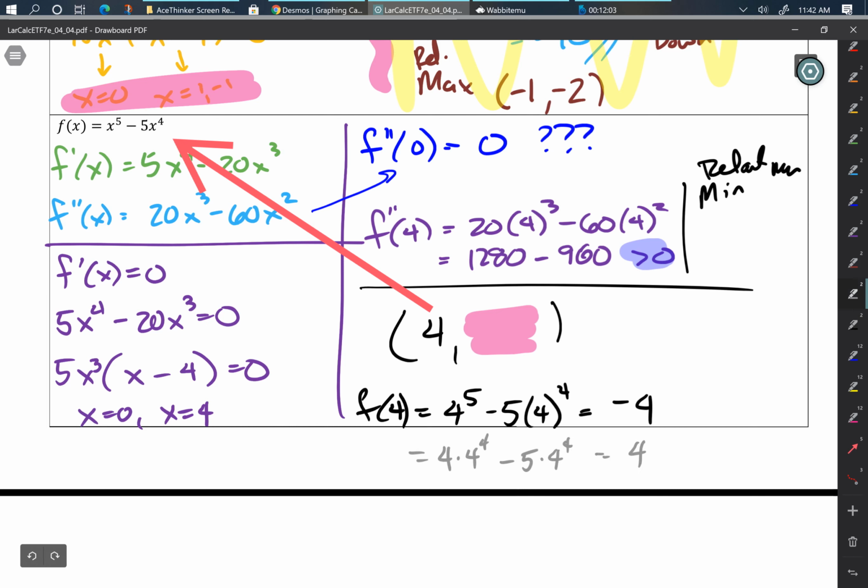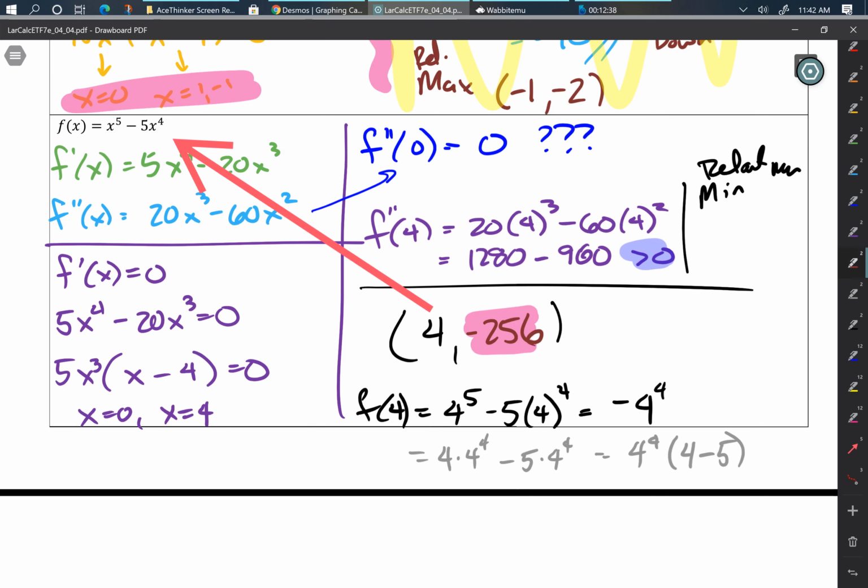Factor, you've got 4 to the 4th times 4 minus 5. Right. 4 minus 5, negative 1, so we have negative 1 times 4 to the 4th. And so whatever that is, 4 to the 4th is 16 squared, 256. So we get our negative 256.